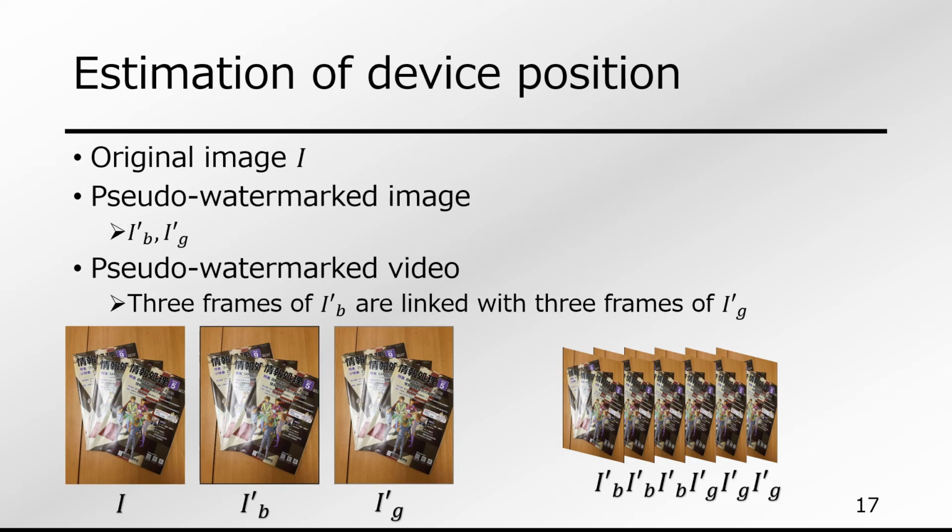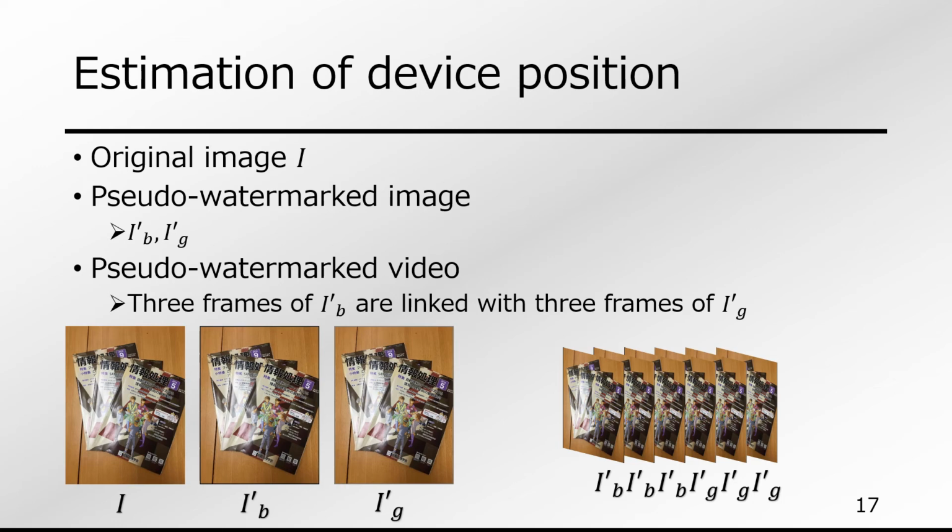The content displayed on the device is the audio image I. The audio image was displayed on a tablet with a screen resolution of 1920 times 1200, and two types of image were prepared in which the edge of the area was changed by 3 pixels, making pseudo watermarked images by alternately connecting 3 frames each.